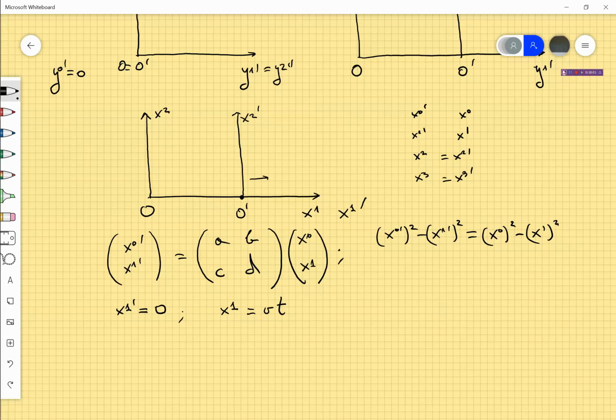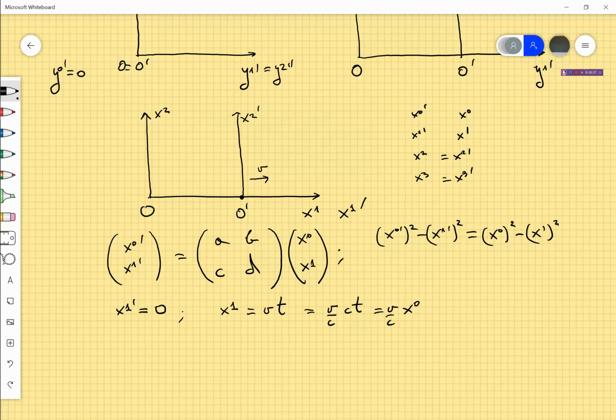This coordinate system now moves with the speed v in this direction x1. So after a time t, because at time t equals 0 the origins coincide, x1 is v times t. So this is v divided by c, so divided by c x0.